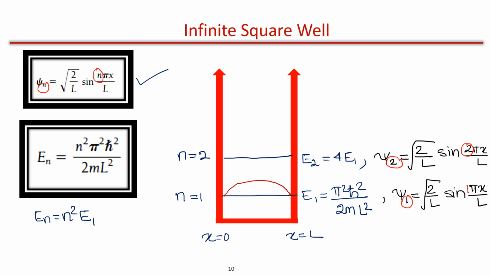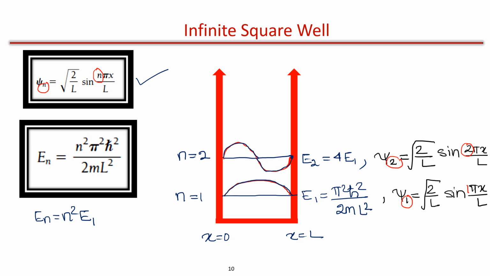So the wave function will look like this. It will end at this point. Your function will look like this for psi 1, and like this for psi 2.